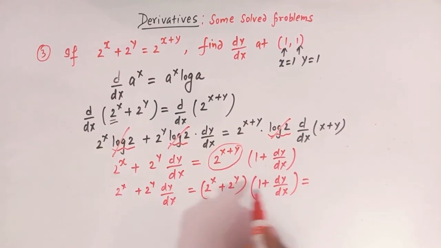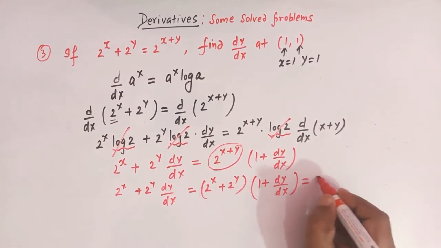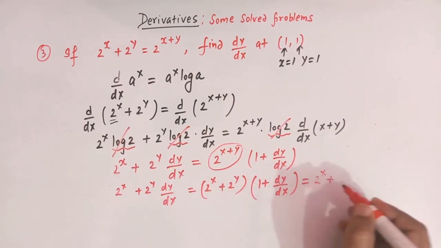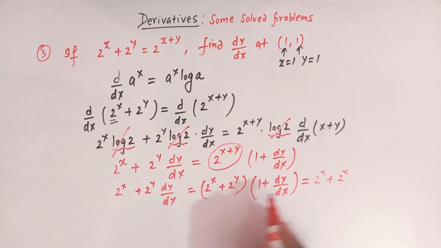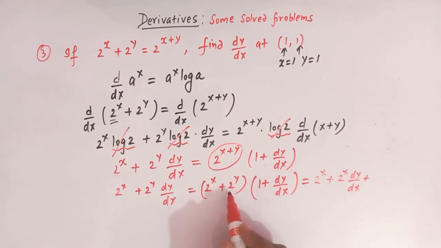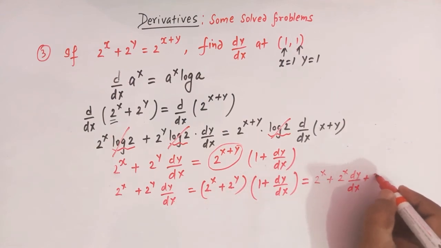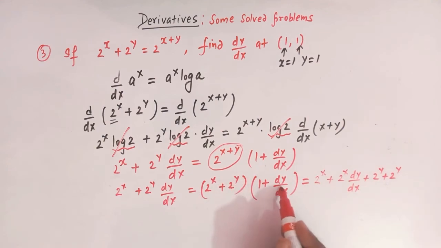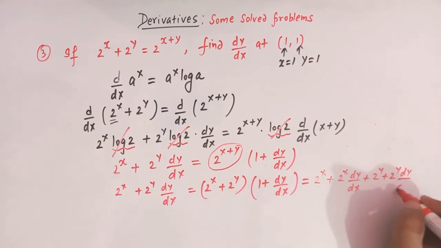Now we can multiply both these terms. If we multiply both these terms, see what we will get: 2 raised to x times 1, 2 raised to x, then we have 2 raised to x times dy over dx, and then we have 2 raised to y here, and then 2 raised to y times dy over dx.